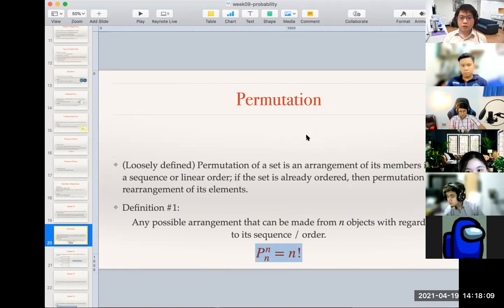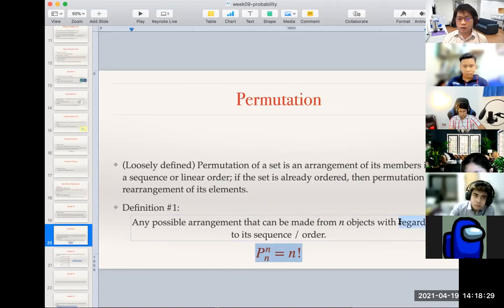Let me rephrase it in a formal definition: permutation is any possible arrangement that you can make from an object with regards to its sequence.